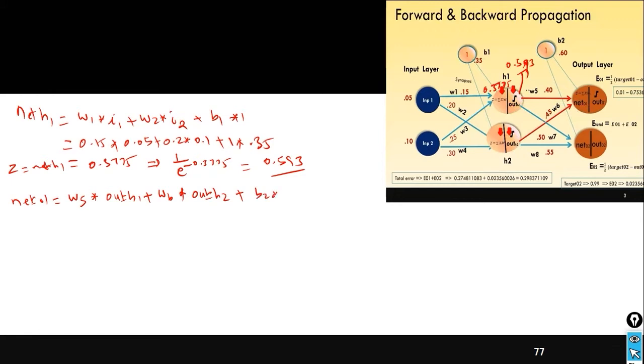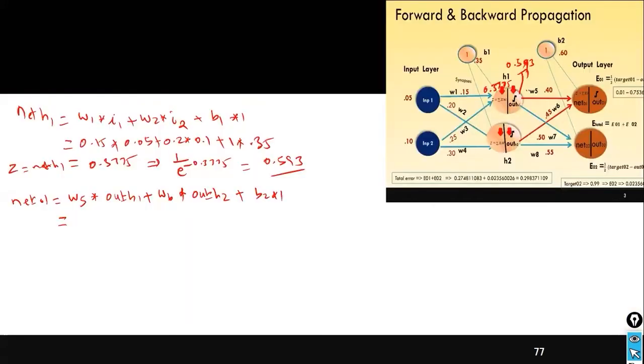So B2 into 1. What value are we getting here? We are getting something like W5, which is 0.40, into my out H1, which is 0.593 as I mentioned, plus my W6, which is 0.45 in this case, into out H2.